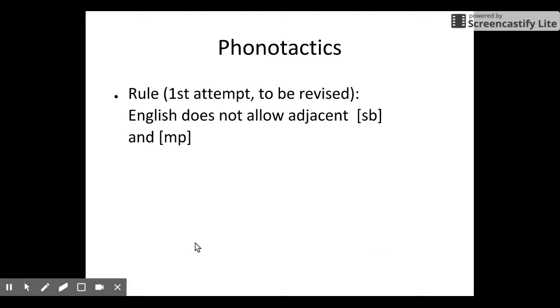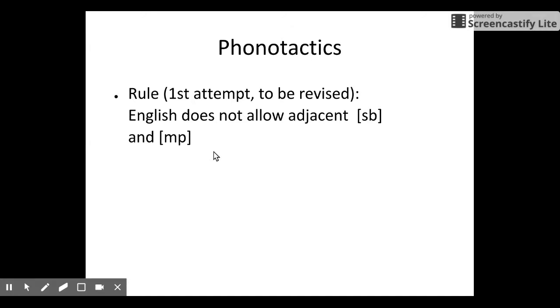Okay. The first attempt is to say that the mental rules in a native English speaker do not allow adjacent sp combination and mp combination. Okay, this is the first attempt.